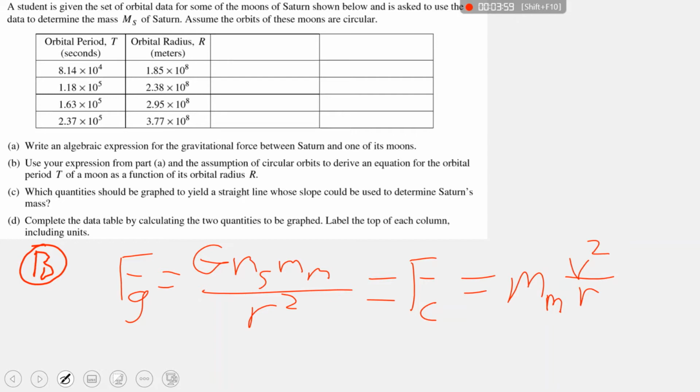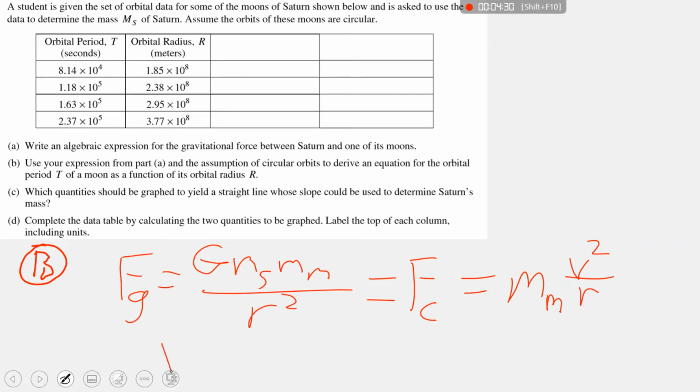Okay, so with all that, we'll be able to solve for v, and then we'll see if we can plug that into a circular orbit. If I want to solve this equation for v, I would multiply both sides by r, which will cancel one of my radius, get rid of the mass of the moon, and then take the square root.